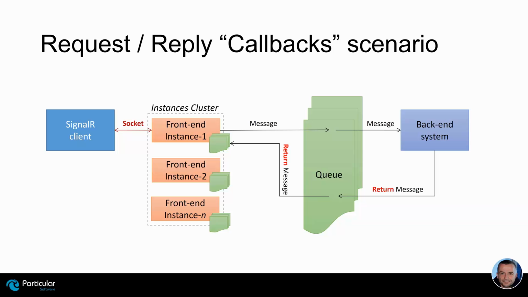We can use headers in the message or a simple property on the message itself, and what the backend system needs to do is simply add that information back to the message that is going back to the callback, so that the front end receiving the callback is capable of looking through the SignalR hub for a specific SignalR client.